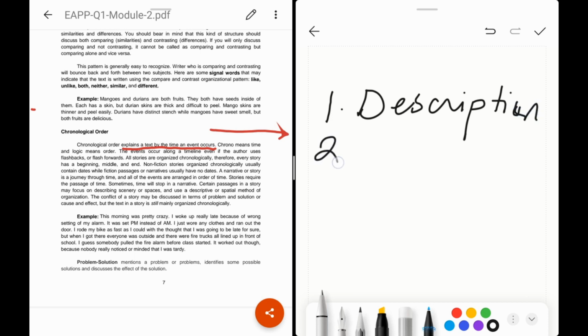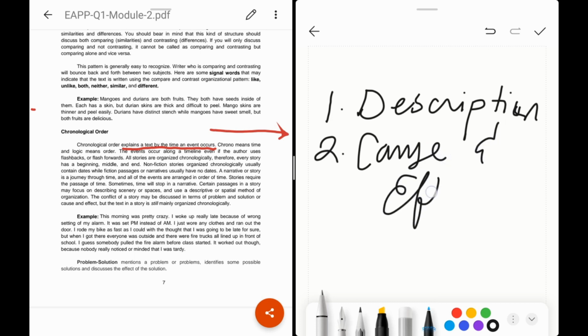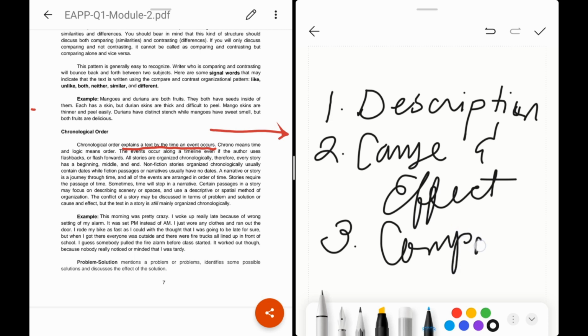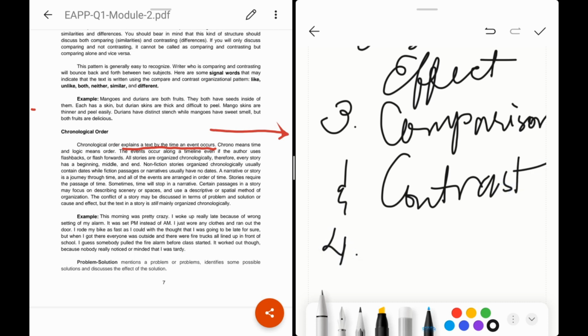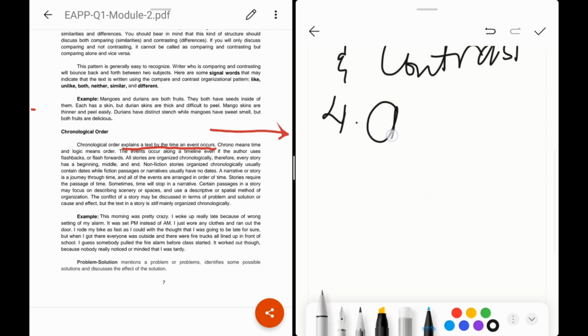The other one is cause and effect. Then we had comparison and contrast. Then we had chronological order.